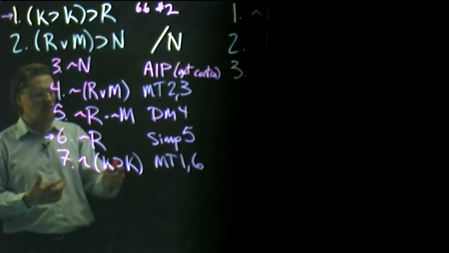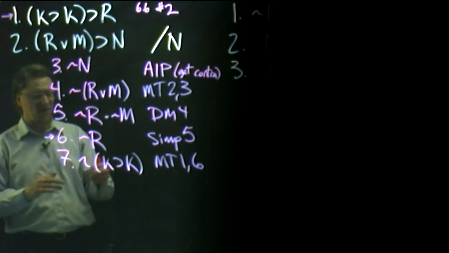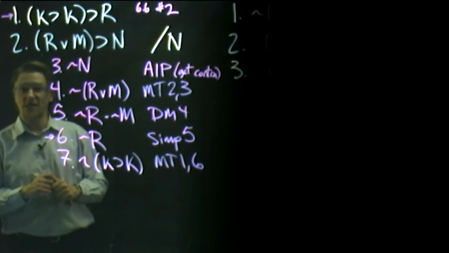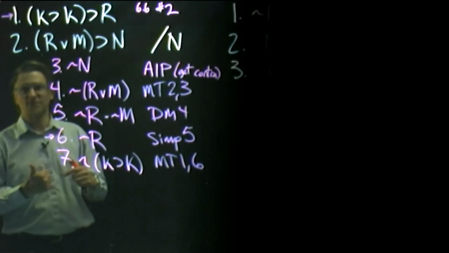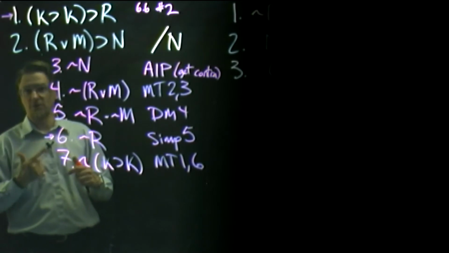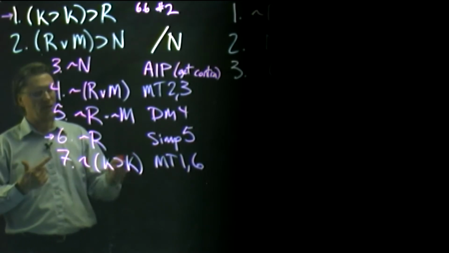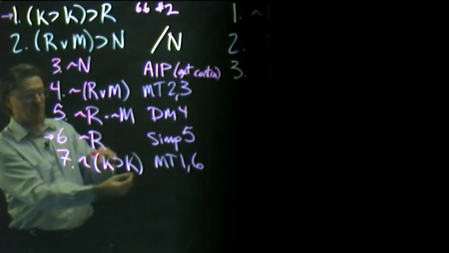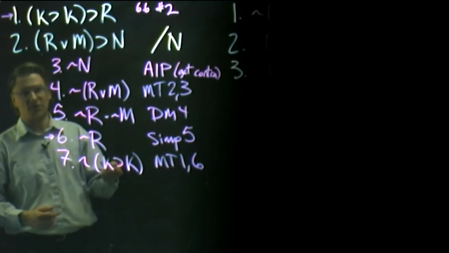We don't have tildes and wedges or tildes and dots, but we have a horseshoe in here. And we know there are two replacement rules that will take a horseshoe and do something with it: transposition and material implication. Well, I don't like to use transposition unless I know that I want to flip the pieces around, because I'm still going to end up with a horseshoe there.